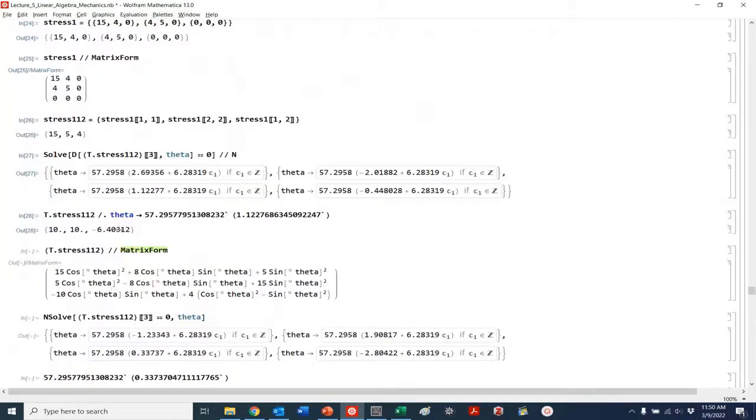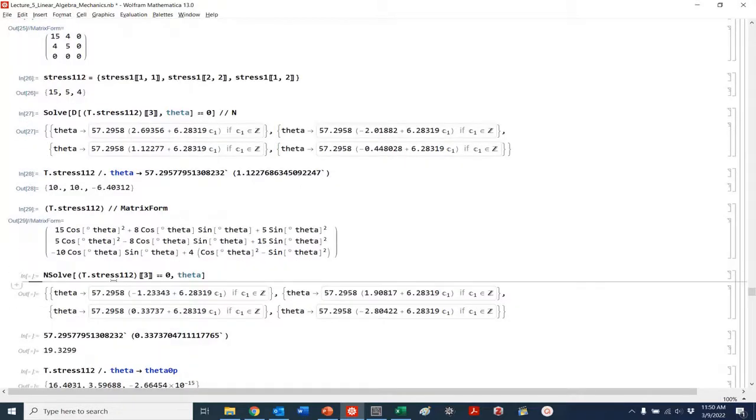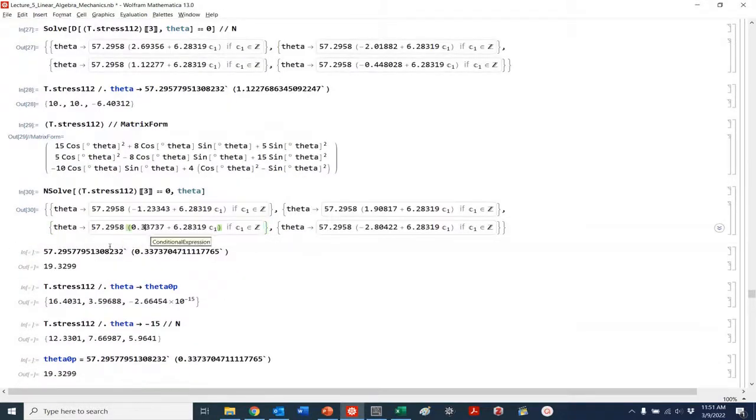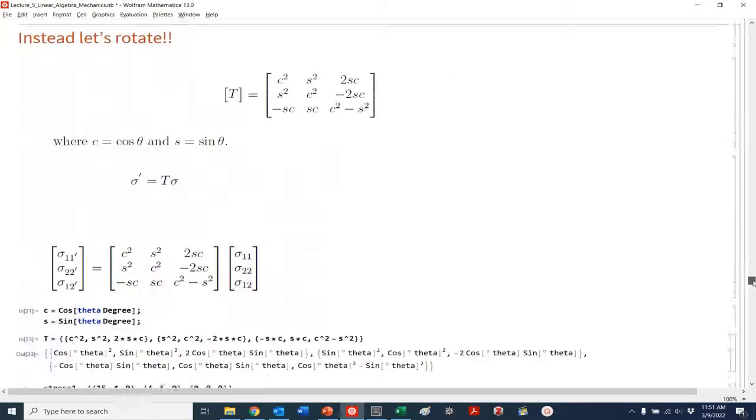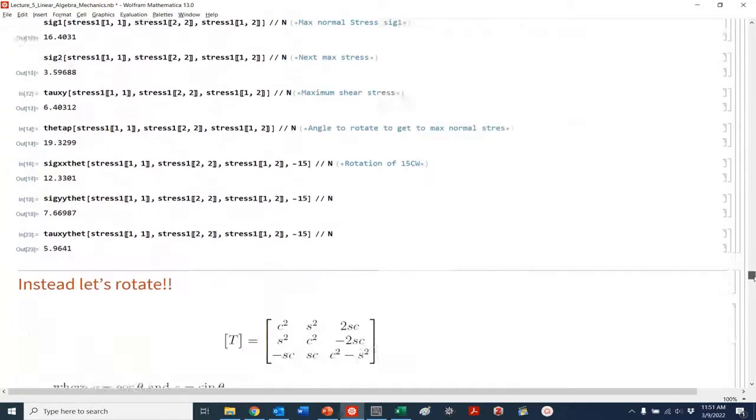You can see the different equations that will come out. I could also solve for the angle that sets my shear stress to 0, i.e. when I'm in my maximum or principal stress state where I only have normal stresses. So again, I could pull out this value here, 19.39. That's my angle. What was the angle that we set here? 19.39.